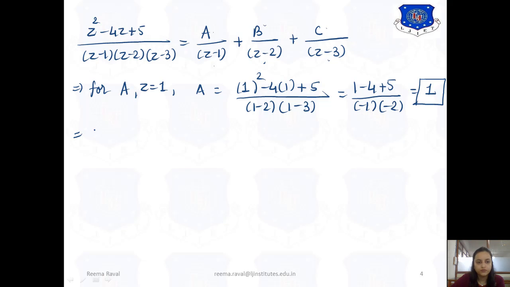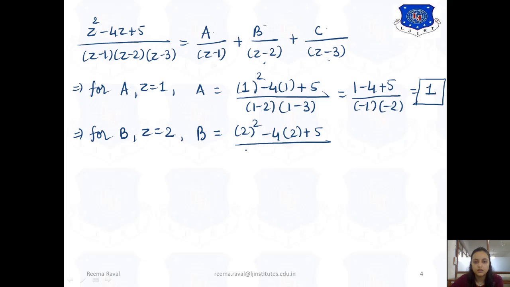Similarly for B, we will take z equals 2. So over here B equals, we will place z equals 2. So 2 squared minus 4 into 2 plus 5 divided by (2 − 1)(2 − 3), right?